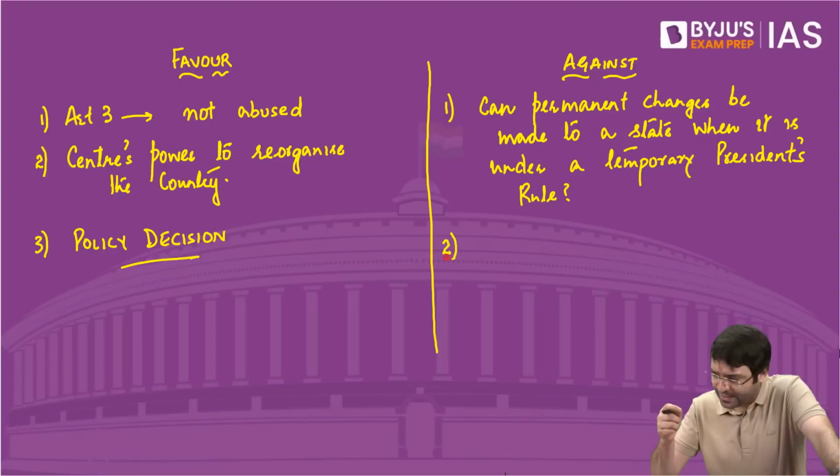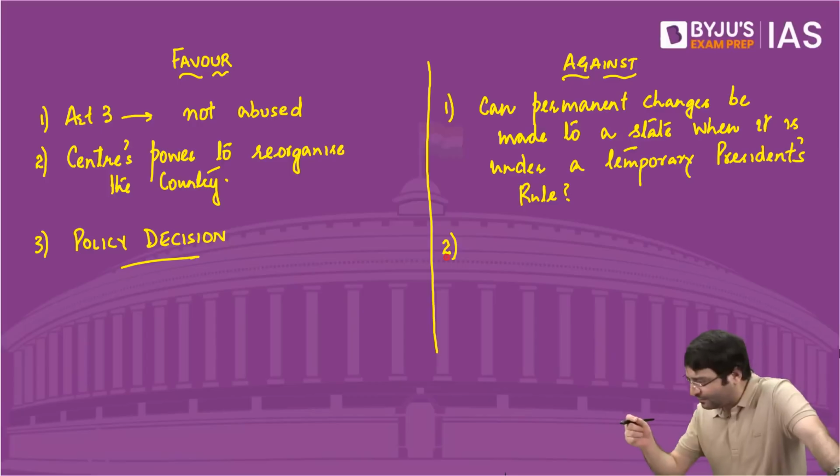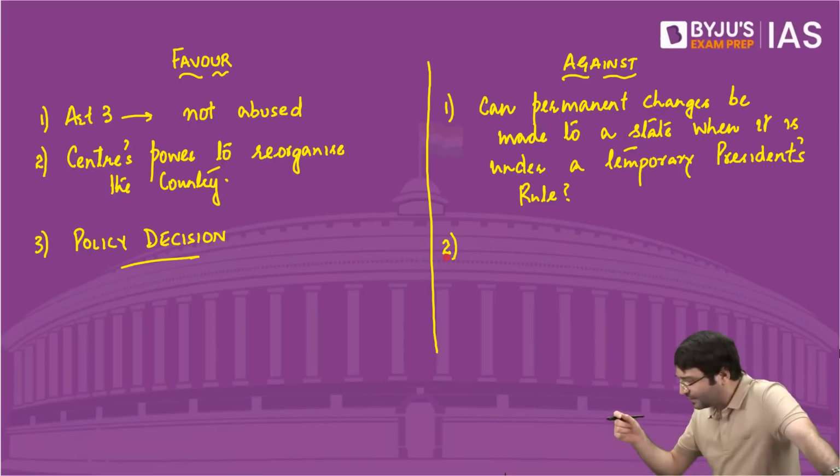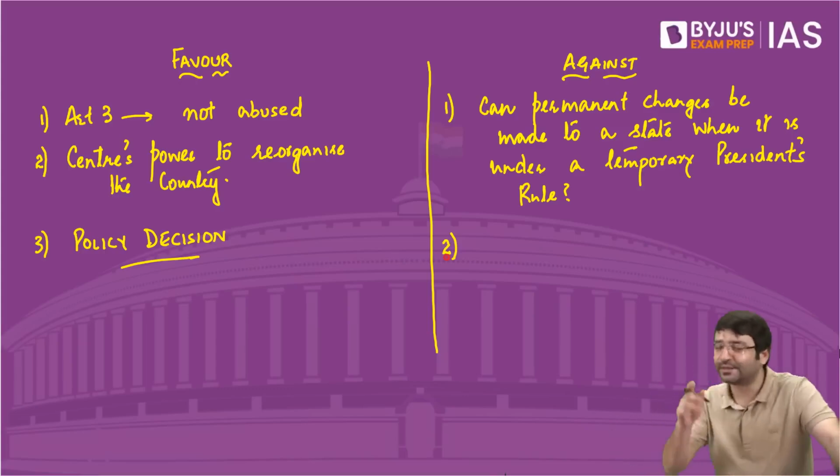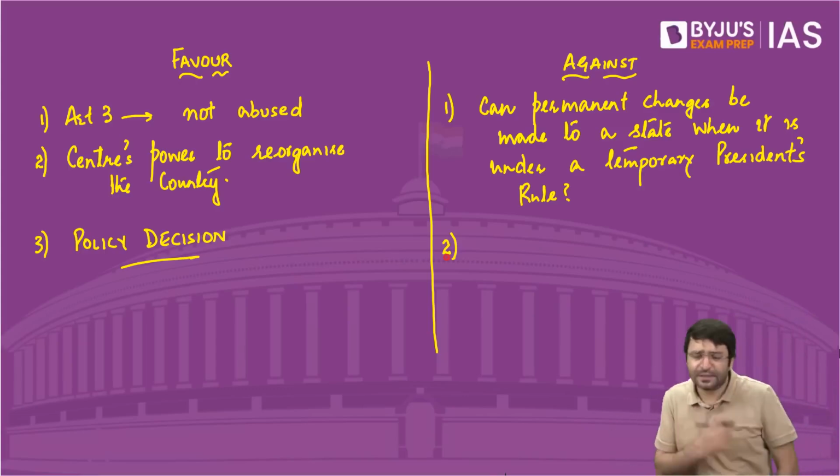That means 28 states, one by one, can be converted into union territories. So we will reach a point where instead of 28 states and 8 union territories, we have 36 union territories. Can happen then.